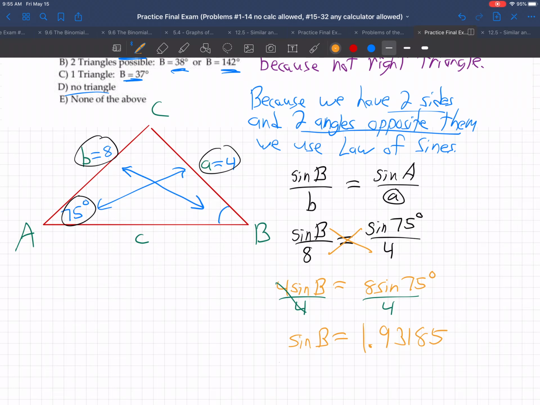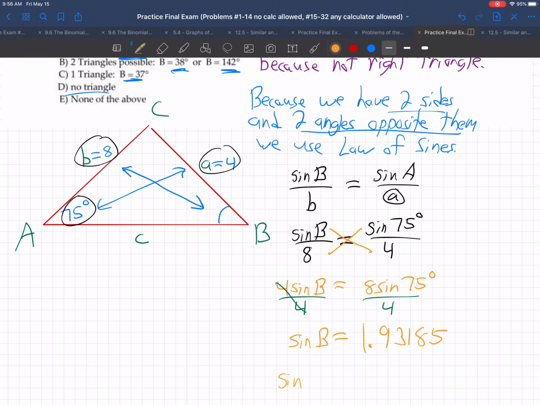And now, how do you get rid of the sine there? Do you divide both sides by sine so B is alone? No, you can't do that, because this doesn't mean sine times B. It's not multiplication, so you can't get rid of it by dividing.